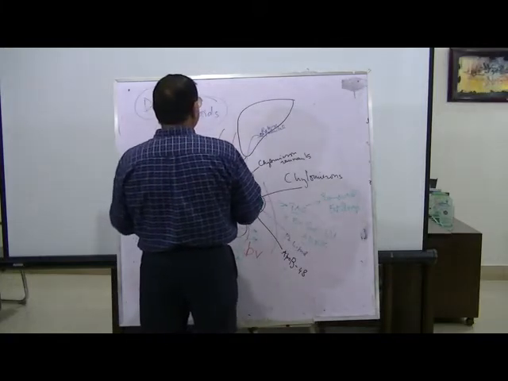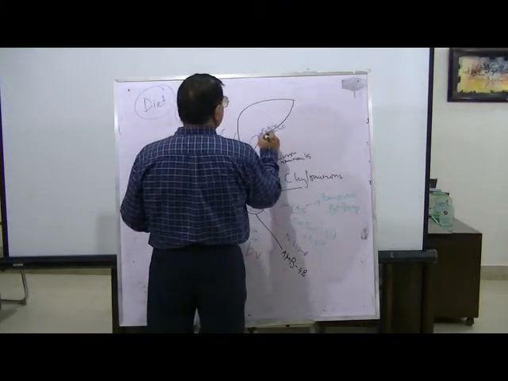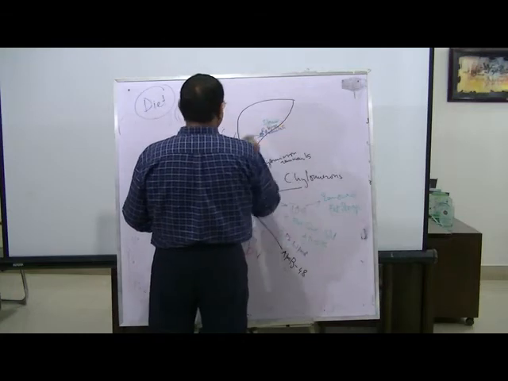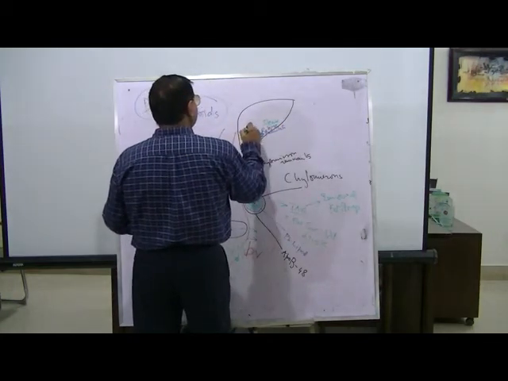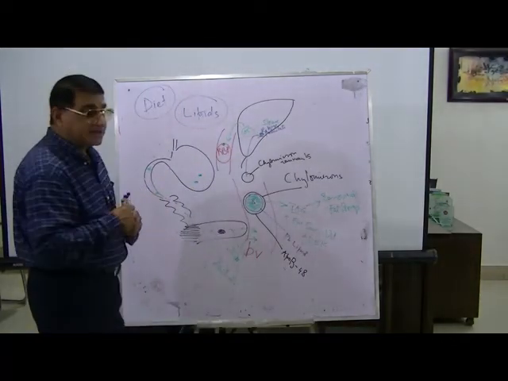So vitamin A moves along, either as retinyl palmitate stored in the liver, or in the circulation as retinol along with retinol binding protein.